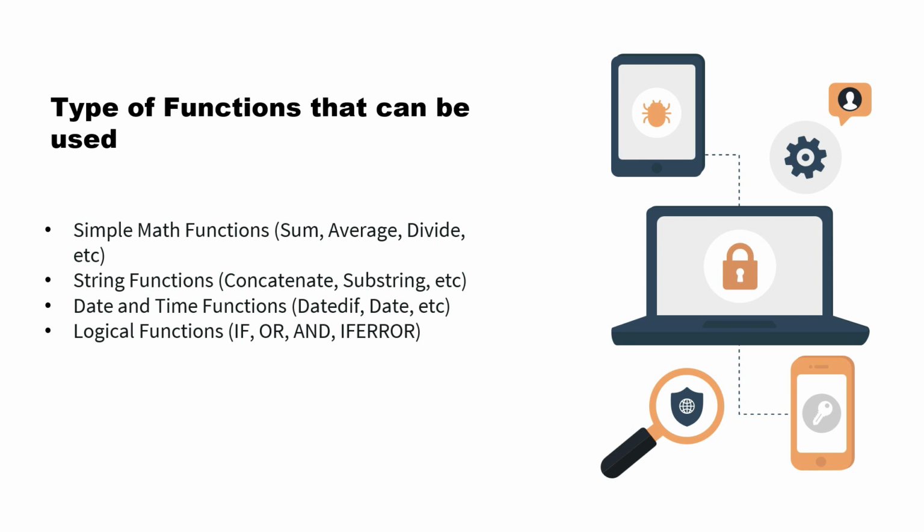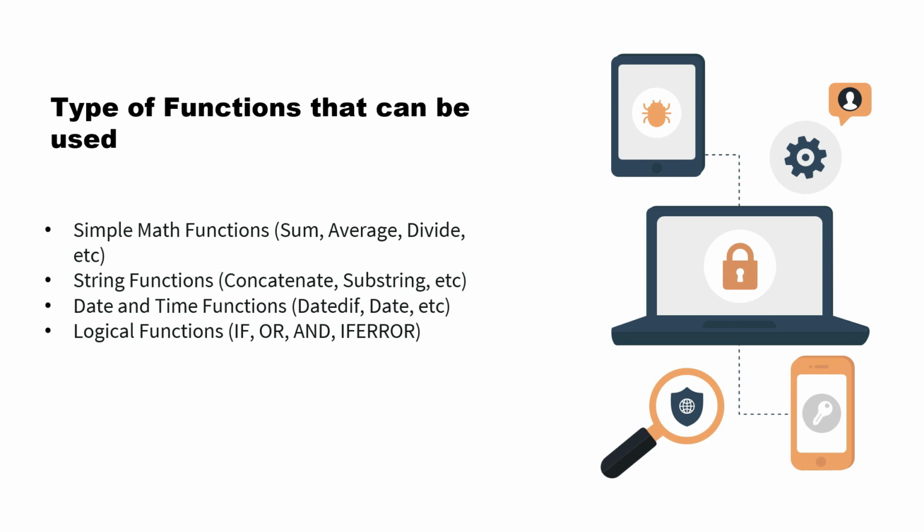We have a couple of date and time functions where we can calculate the date difference, as well as get today's date, month, year, weekday. So we can calculate using those date time functions, like date diff, date.